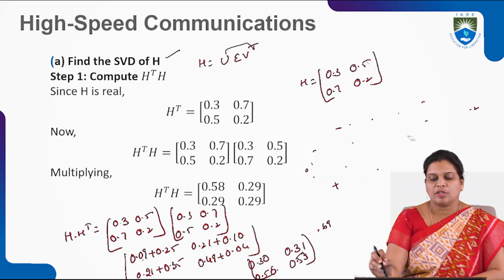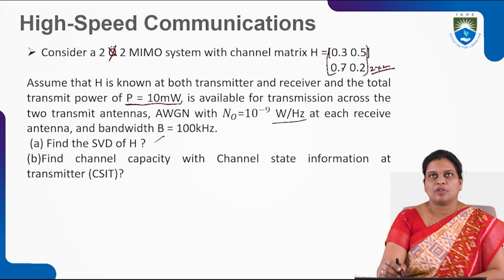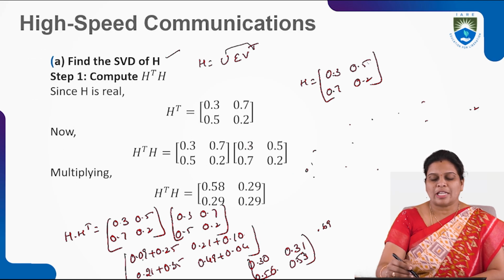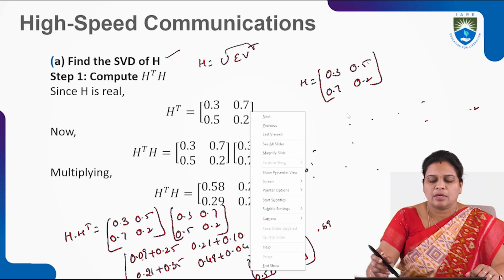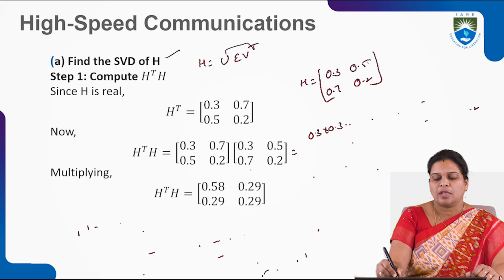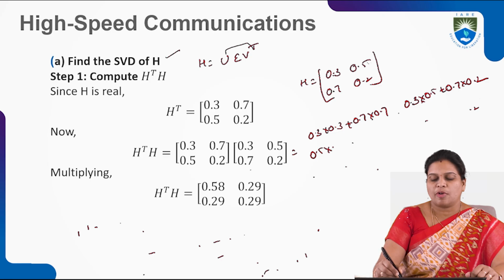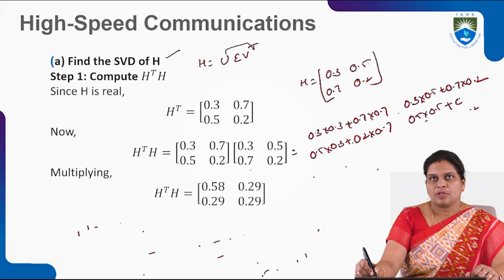Now we are taking H into H transpose. H is the given H equal to 0.3, 0.5, 0.7 and 0.2, and its transpose is 0.3, 0.7, 0.5 and 0.2. Multiplying these two: 0.3 into 0.3 plus 0.7 into 0.7, 0.3 into 0.5 plus 0.7 into 0.2, 0.5 into 0.3 plus 0.2 into 0.7, and 0.5 into 0.5 plus 0.2 into 0.2.